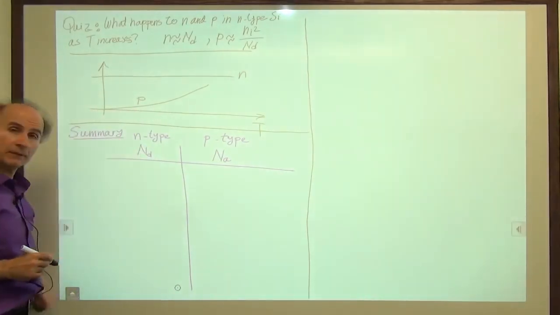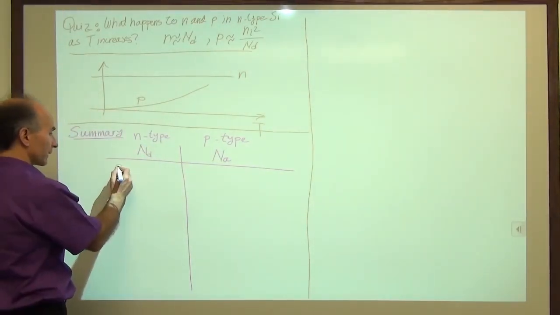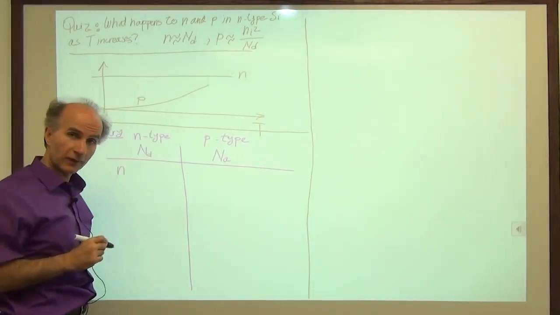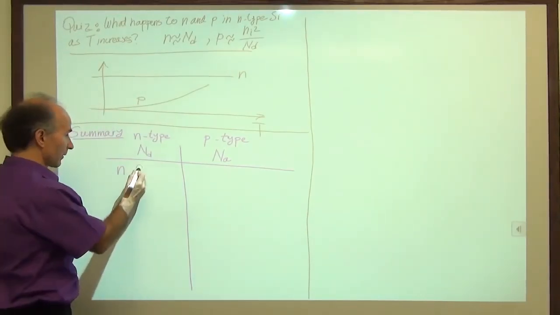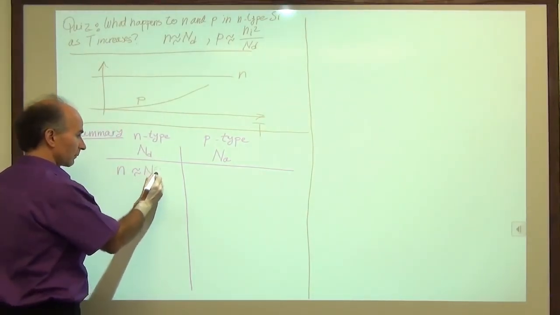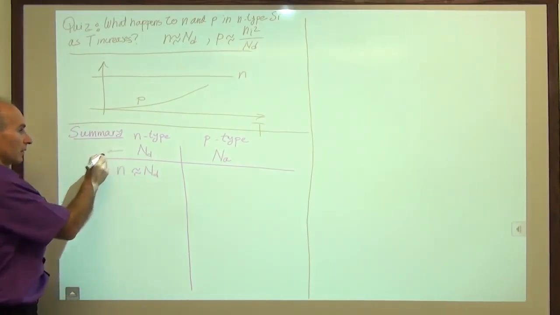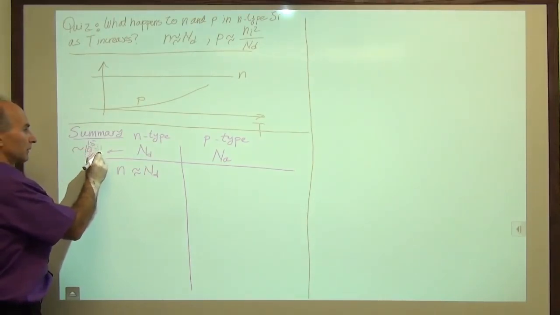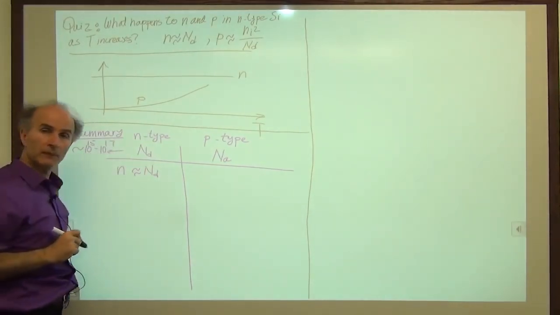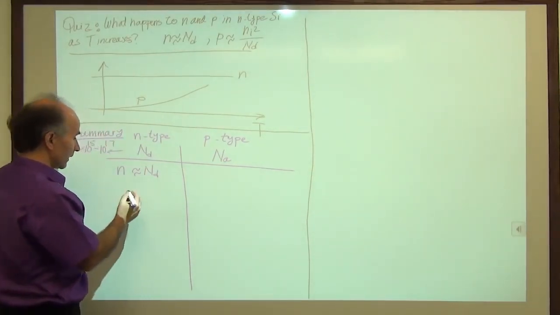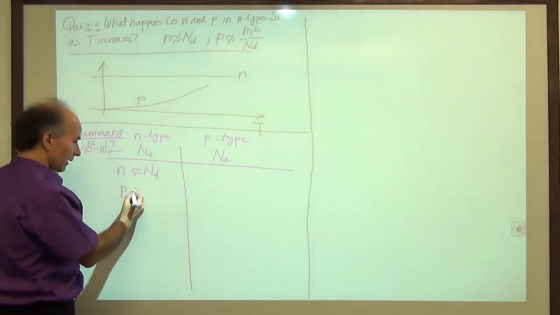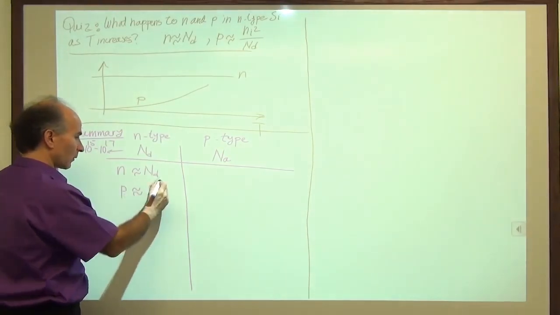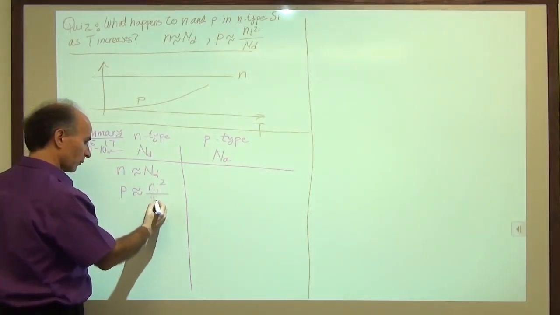All right, so in an N-type material, we saw that N, the density of free electrons available for current conduction, is approximately equal to Nd, because Nd is typically large. So these are on the order of 10 to the 15 to 10 to the 17, whereas the number of free electrons is approximately equal to Nd, and the number of holes is approximately equal to Ni squared over Nd.